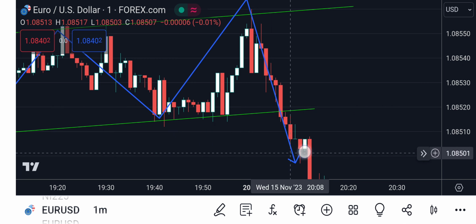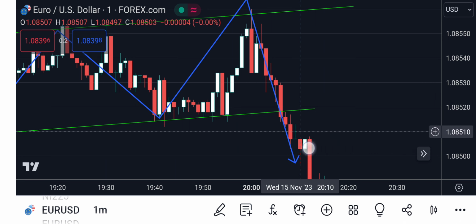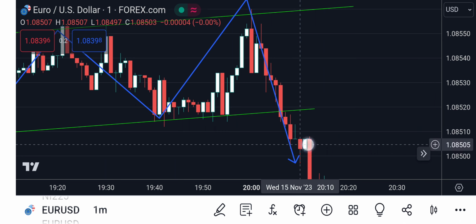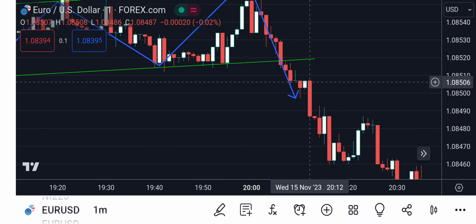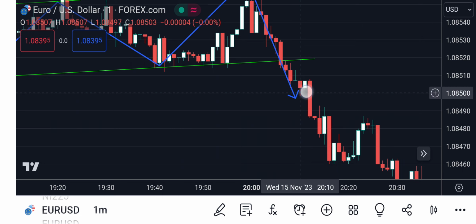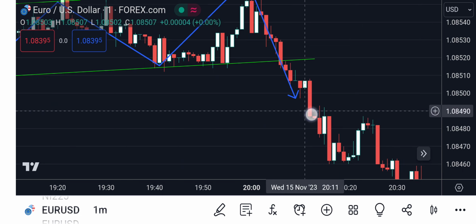That's gonna close bullish. If this candle closes bullish like it did here, and then the next candle that comes after it is a bearish candle that opens up and closes below it, this is where I usually take my entries.